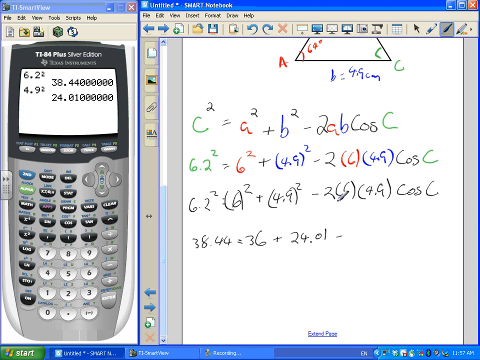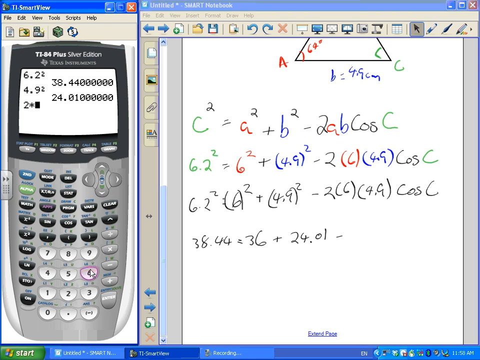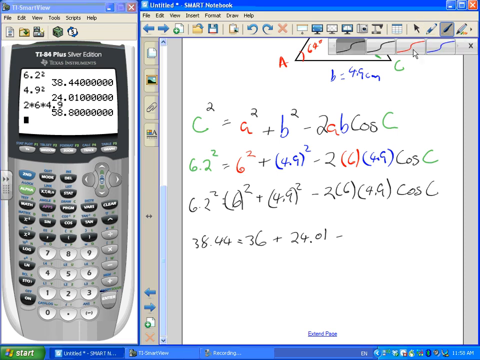Subtracted by 2 times 6 times 4.9. I'm going to do that right now. 2 times 6 times 4.9 equals 58.8 times cos C.